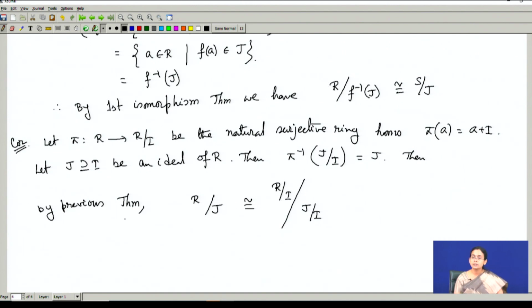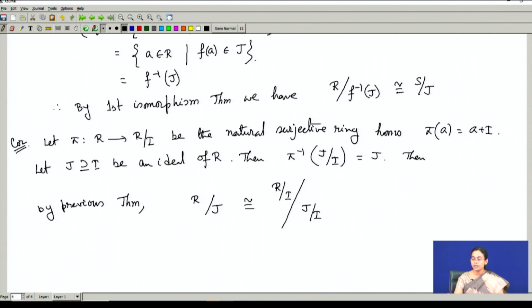So, by the previous theorem, we have this isomorphism. Here the ring I am considering is the quotient ring R quotient I, and we have already seen that the ideals of R quotient I are of the form J quotient I, where J is an ideal of R containing I. Therefore, this is the ideal I am considering.